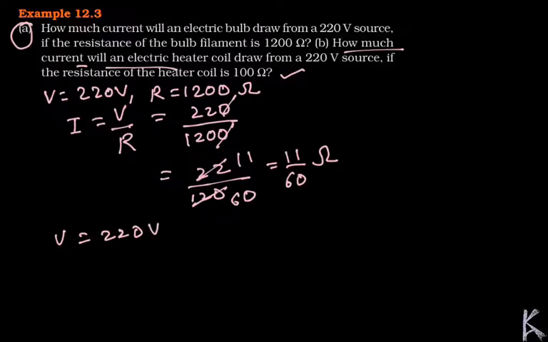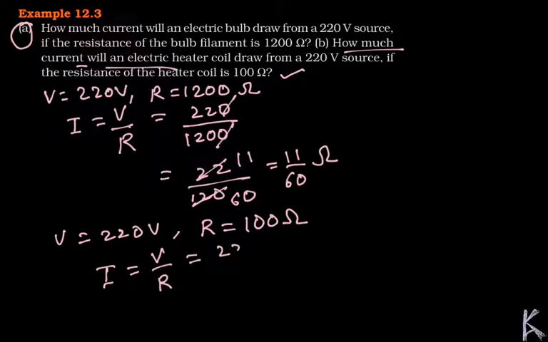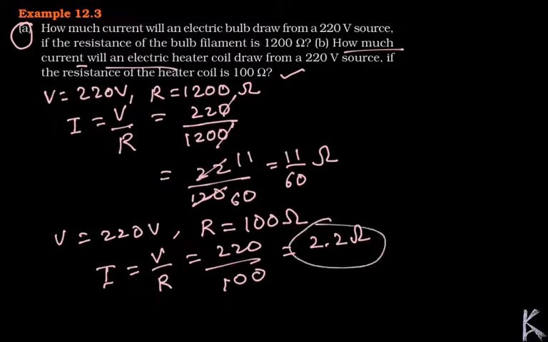So R has become 100 ohm, but the voltage is the same. Now what will be the I? Again we will do the same process. I is equal to V by R, which will come out to be 220 by 100, and this will be 2.2 ohm.